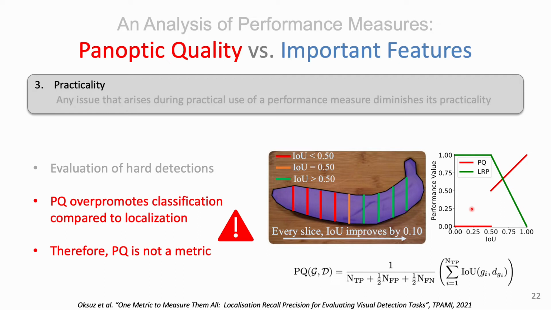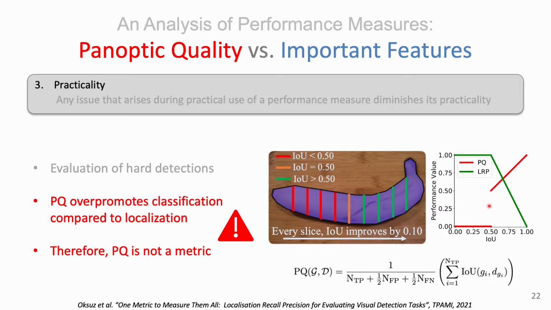Here we see that when a detection becomes a true positive, there is a jump in the panoptic quality value. And after this point, the contribution of the localization quality is minor with respect to the classification performance, and it can contribute only between 0.5 and 1.